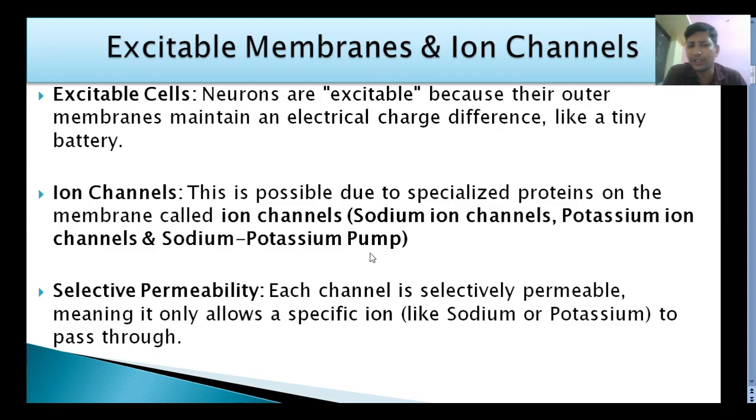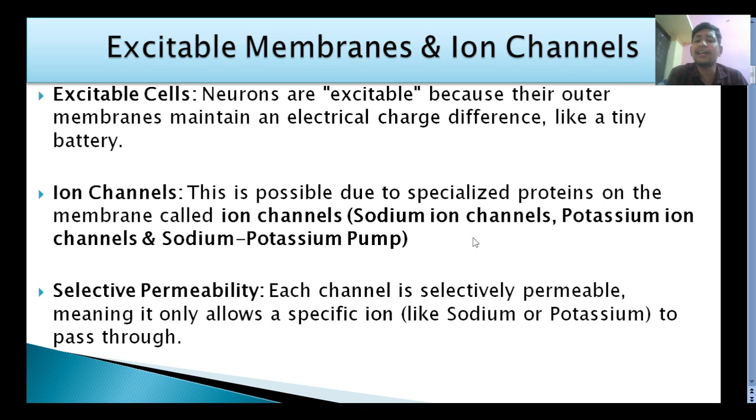And dear students, you should remember the sodium ion and potassium ion channels work like passive transport, but the sodium potassium pump requires energy in the form of ATP. That's why it is important in active transport, because it needs energy in order to perform the function.